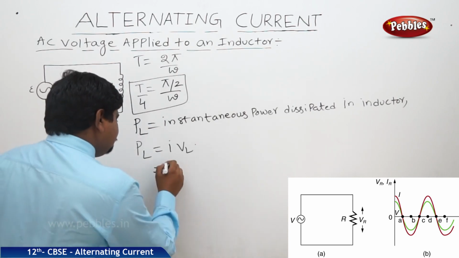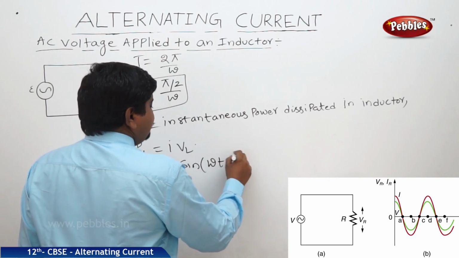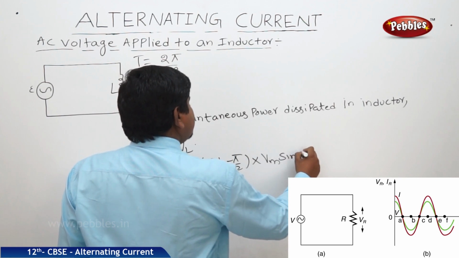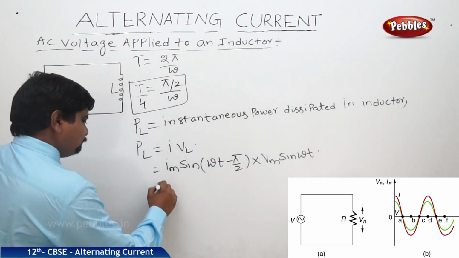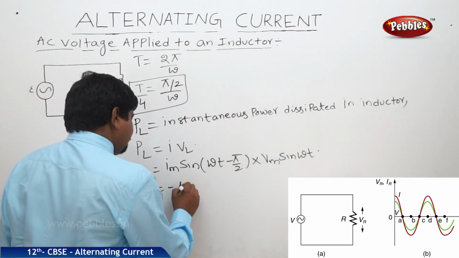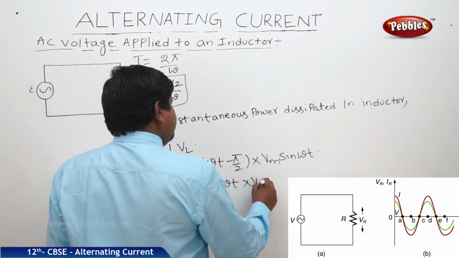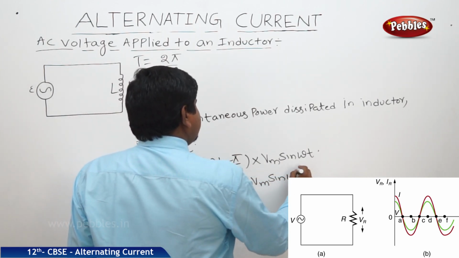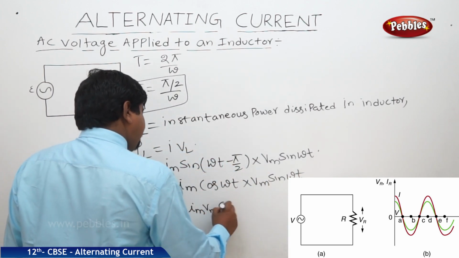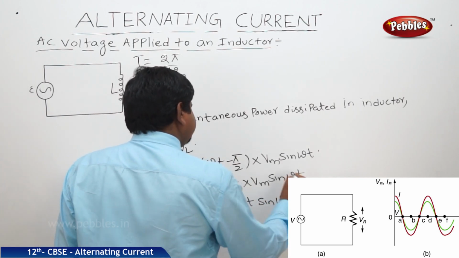We know that I is equal to Im sin omega t minus pi by 2, into what is VL? Vm sin omega t. Where sin omega t minus pi by 2 is nothing but minus cos omega t. Therefore, we can write minus Im cos omega t into Vm sin omega t, which is minus Im Vm cos omega t sin omega t.